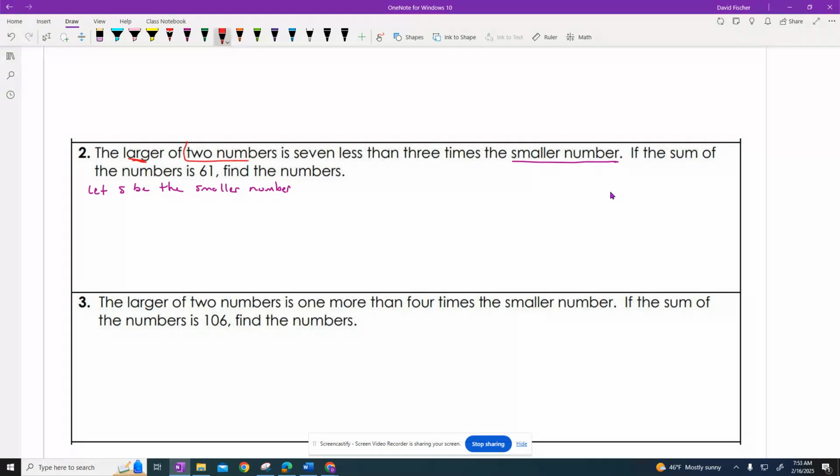Somehow I have to show 3 times the smaller number. So let's let 3 S's, 3 times the smaller number, and 7 less than that. So I want a minus 7 here. Be the larger number.